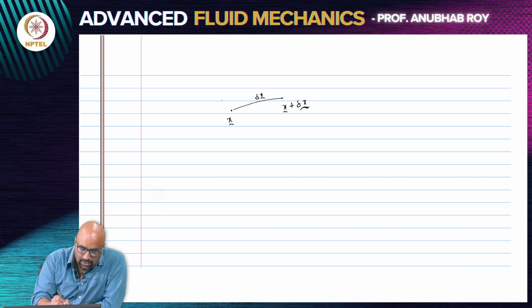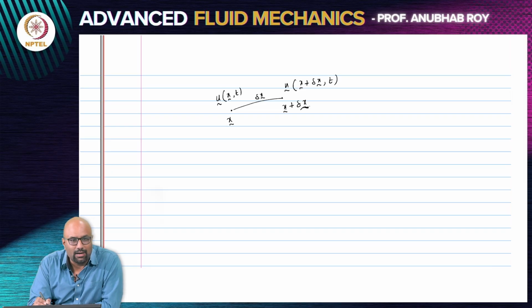The velocity at point x is u of x comma t, and at the same instant the velocity in the neighboring location is u of x plus delta x comma t. If I want to find out by how much the velocity actually changes between these 2 points, I'll do a Taylor series expansion.